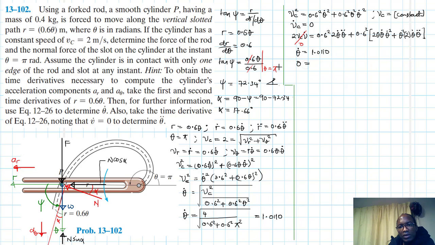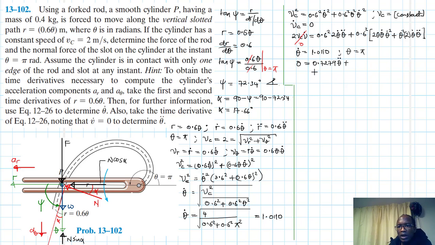So we'll have 0 is equal to 0.6 squared times 2 times 1.0110, and this is just equal to 0.7279 theta double dot, and then plus, we know that our theta is equal to pi, so we can also work out this.